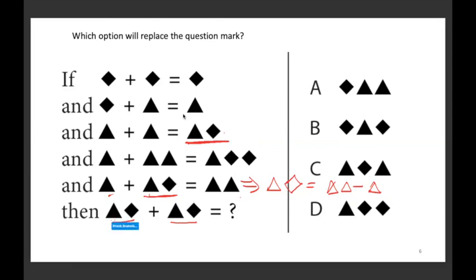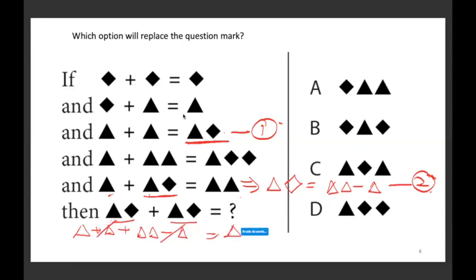So in one part here, I replace it with, say, equation 1 and then equation 2. So this will be triangle plus, from equation 2, I can also write it as triangle, triangle minus triangle. This will be equal to minus plus negative, triangle plus triangle, triangle.